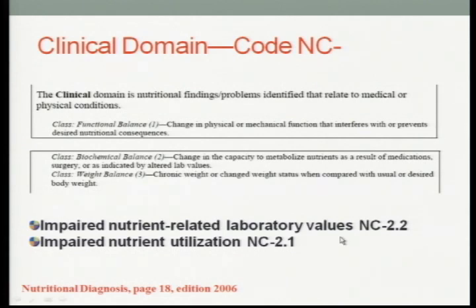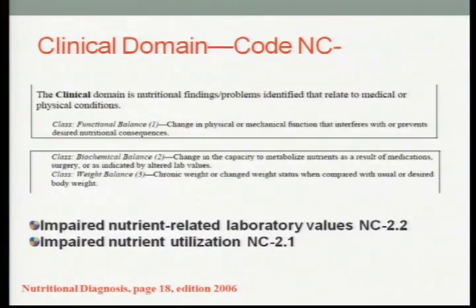A lot of dietitians did that in our algorithm study. They would use altered nutrition-related lab PTH, or altered nutrition-related lab 25-hydroxy, or albumin, very common, altered nutrition-related lab serum albumin. So they identified that as the problem, and then they tried to determine what was the cause of that alteration of lab. So you can think about it that way.